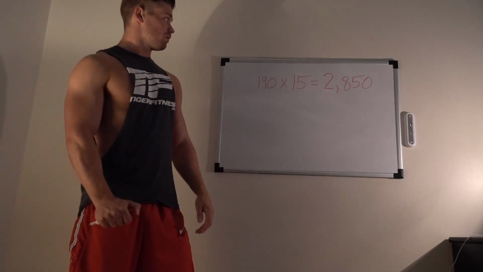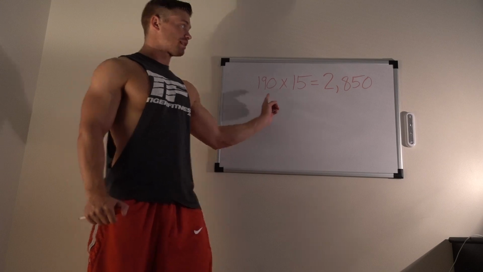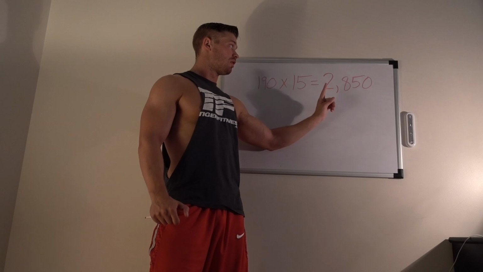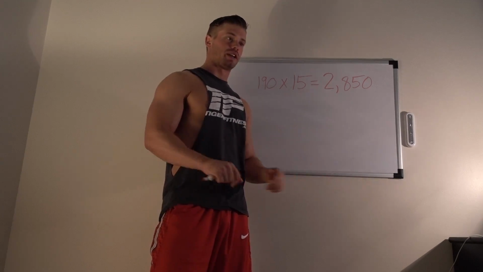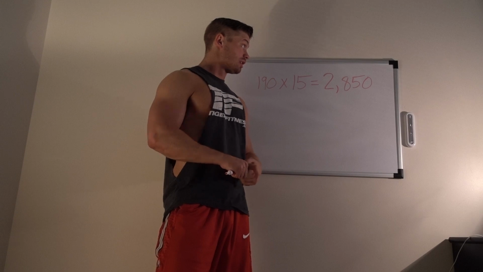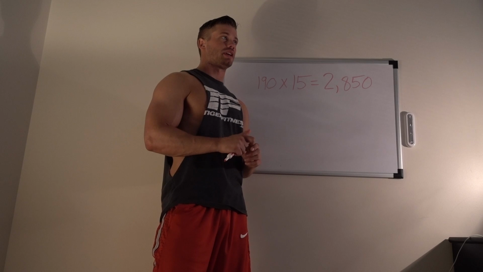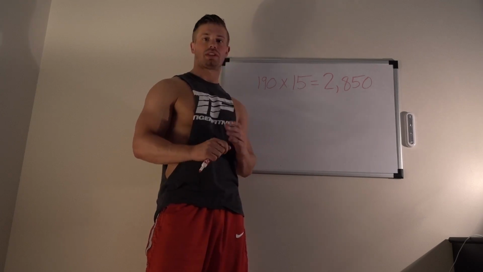So where we want to go from here is, once you figure out what your maintenance calories are, say you go for a week or two and you stay the same weight, so right about 2,850, that's where you're maintaining. Say you want to cut. Generally you want to be in a deficit of 250 to 500 calories.